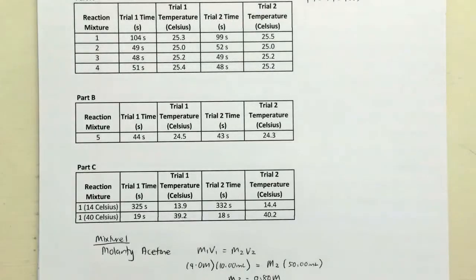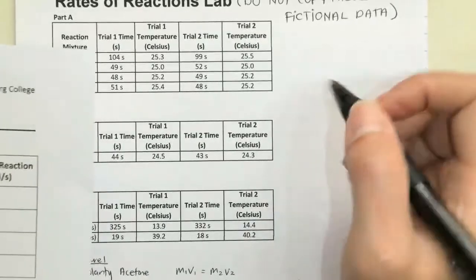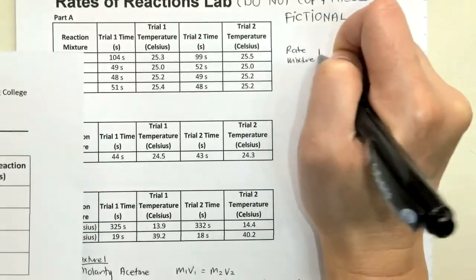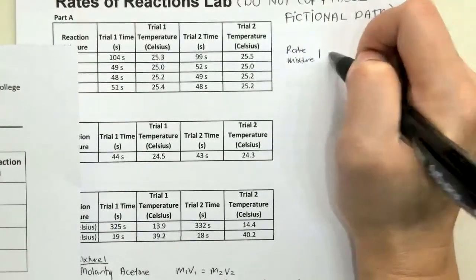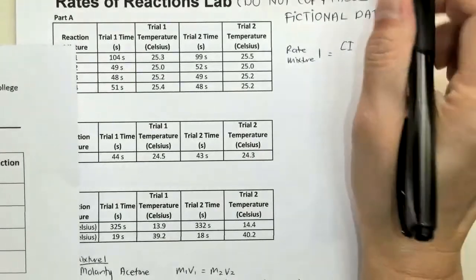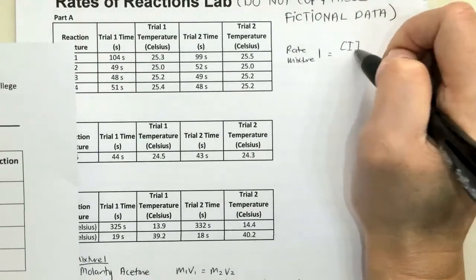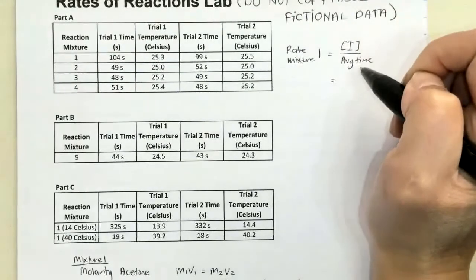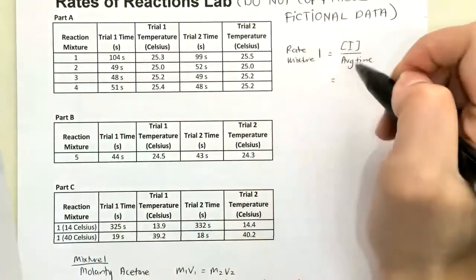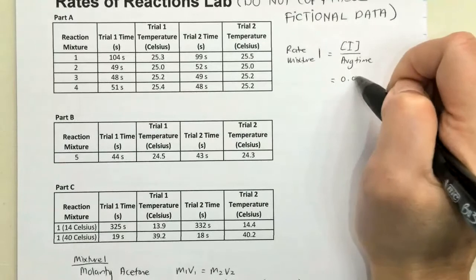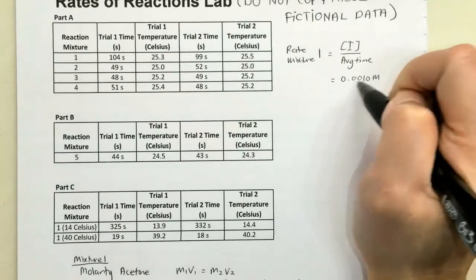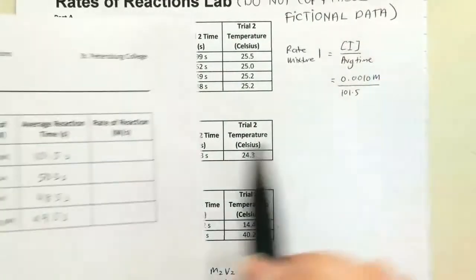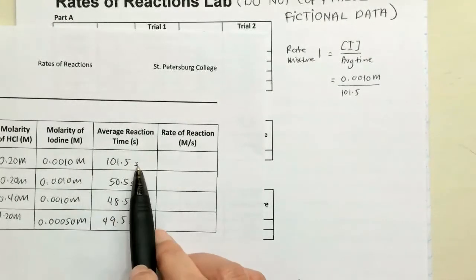Okay, so I'm going to write the work down on the side here. Rate of mixture 1 is molarity of iodine divided by the average time. So it is going to be 0.0010 molarity over average time. I calculated it to be 101.5, because you see how I got my average time here? So it's that over that.